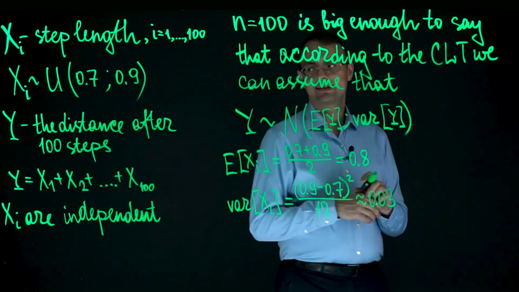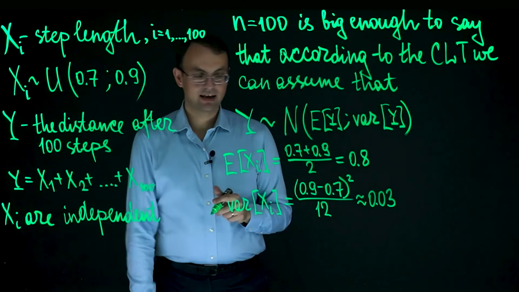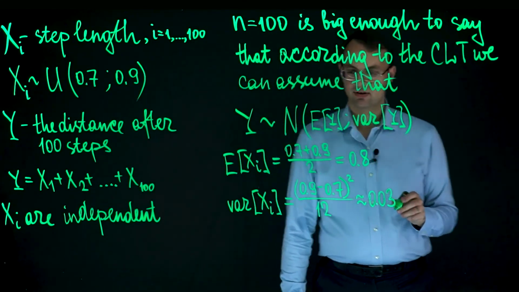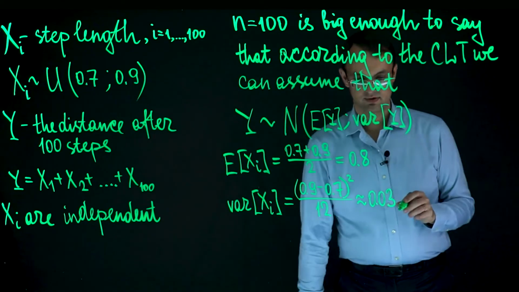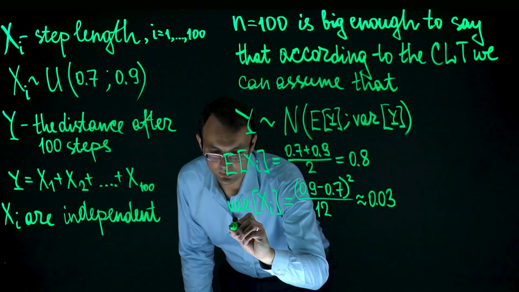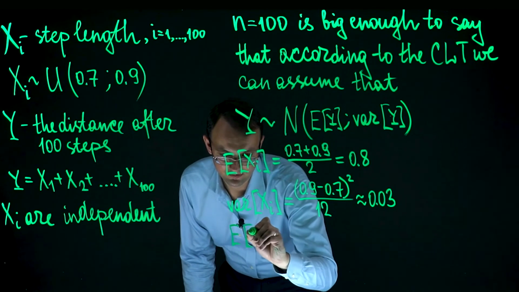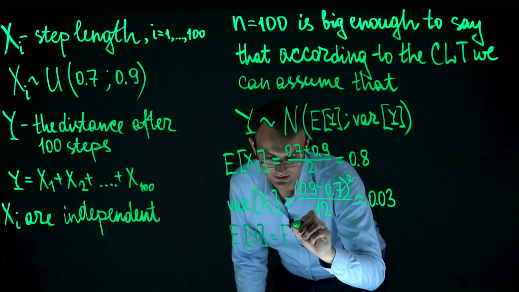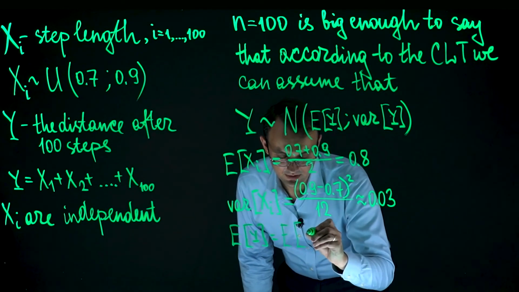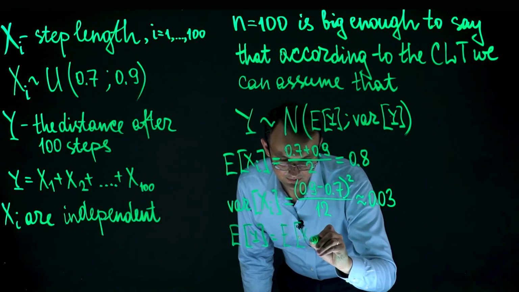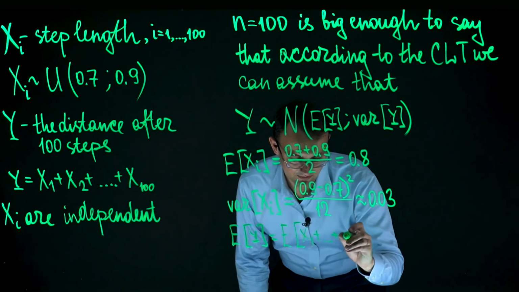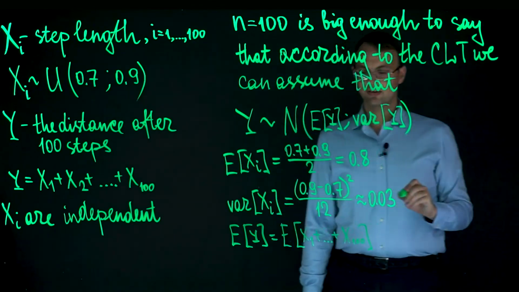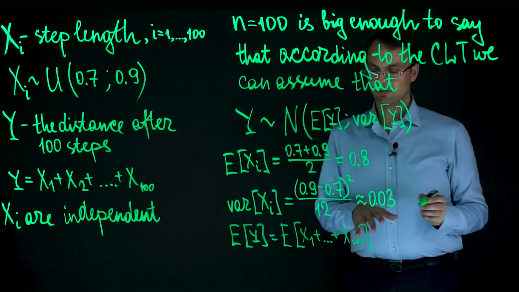So these are E of x and variance of x. As y is the sum of x's, E of y, we know that the expected value of a sum is equal to the sum of expected values.